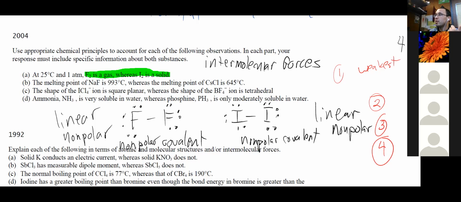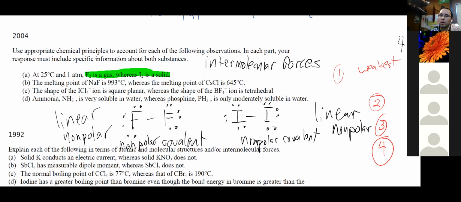And if you have stronger London forces, are you more likely to be a solid, a liquid, or a gas at the same temperature and at the same pressure? Could you repeat it? If you have stronger London forces, are you more likely to be a solid at the same temperature and the same pressure? Right? You're more likely to be the solid.